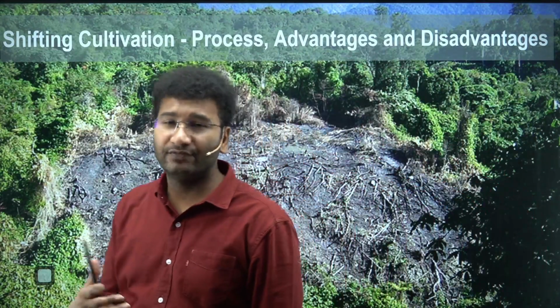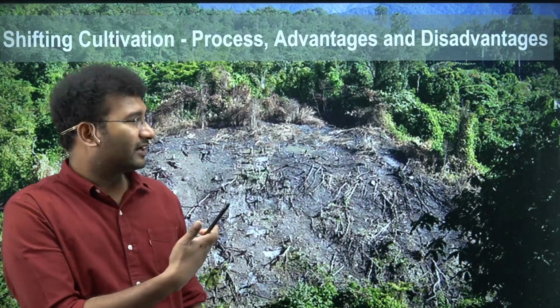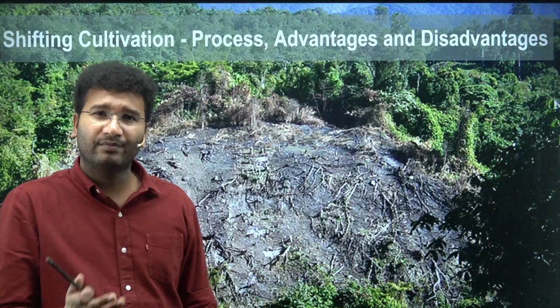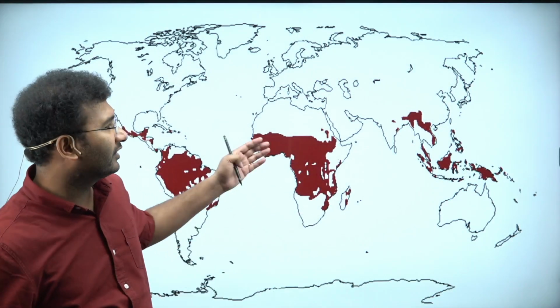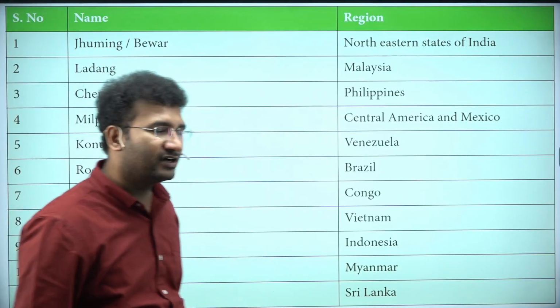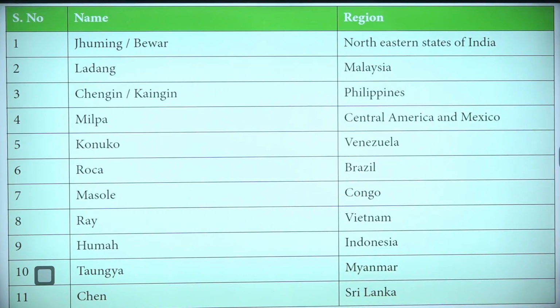Even today, a few tribal communities do this, and this cultivation is famous across the globe, but it has different names. In India it is called jhum cultivation. In northeastern India it is called jhumming or bewar. In Malaysia it is called ladang. In the Philippines it is called caingin.